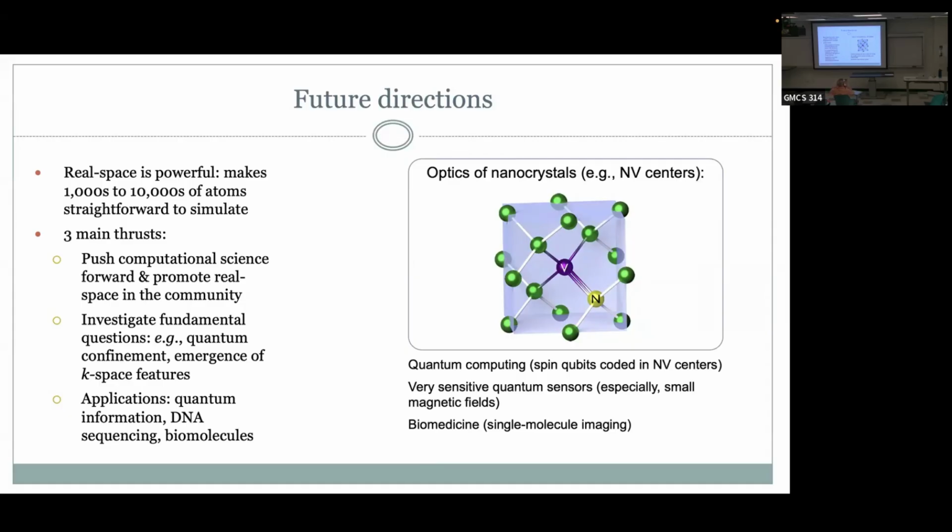These nitrogen vacancy centers can be created, which can be used as quantum sensors. They're also used as spin qubits in these systems. So there's a huge interest in these systems, which now we can calculate more directly with real space.